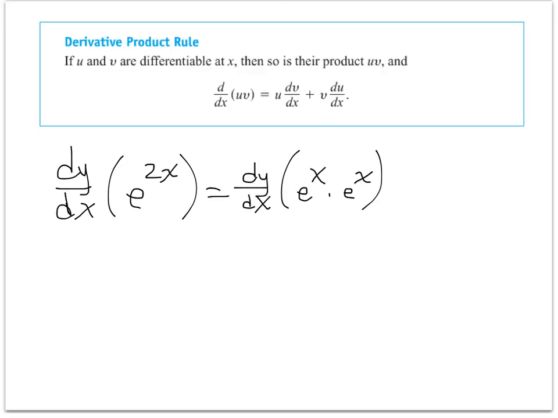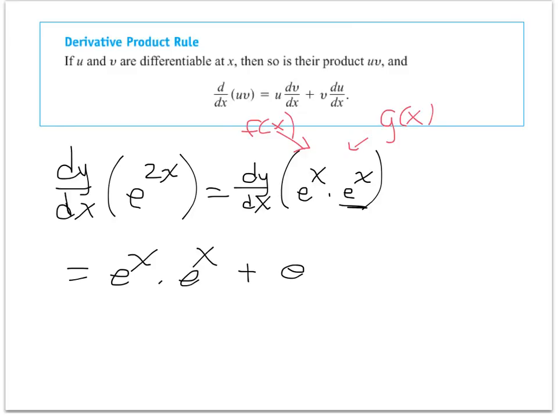Well, here, I'm going to use this whole thing again, where this is my f of x, this is my g of x. I'm going to leave my f of x alone. What's the derivative of e to the x? I'm going to leave this e to the x alone. What's the derivative of e to the x? Kind of a stupid one, huh? So in other words, I get this.